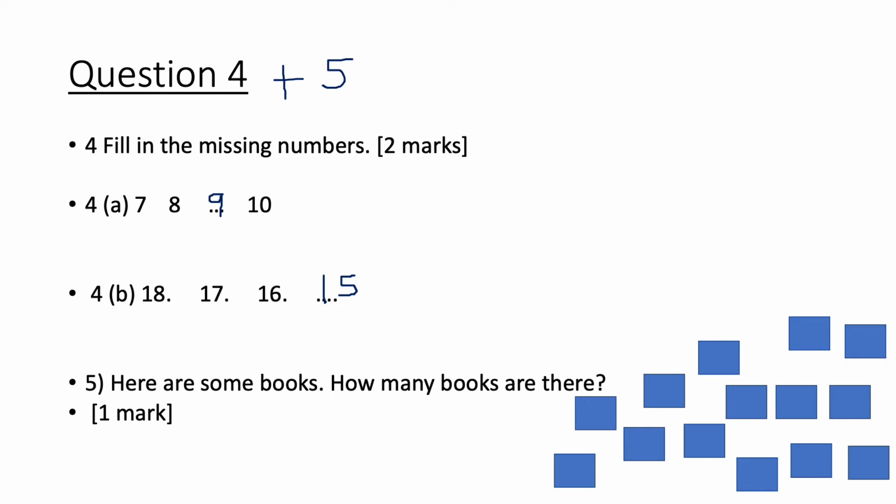It's a 1 mark question. 1, 2, 3, 4, 5, 6, 7, 8, 9, 10, 11, 12, 13, 14, guys. So there are 14 books, as shown in the diagram.